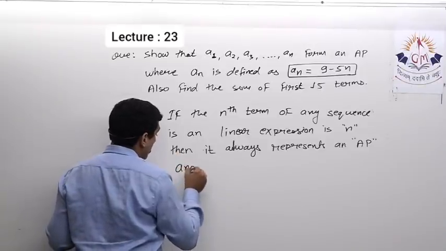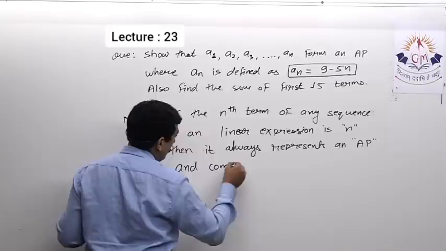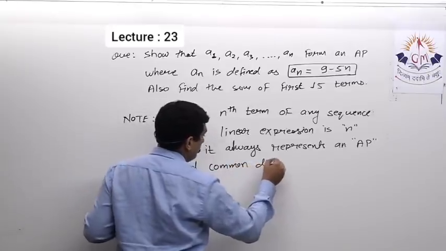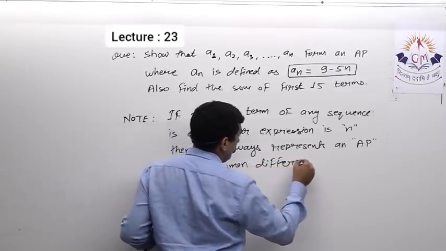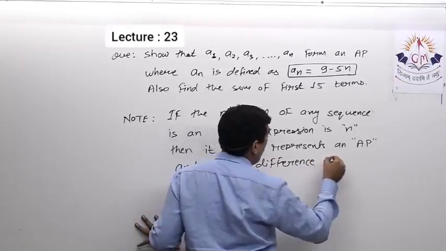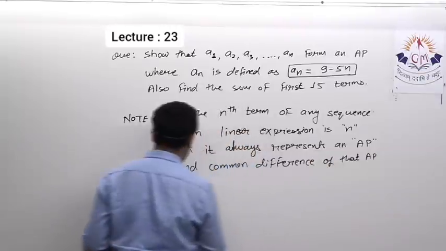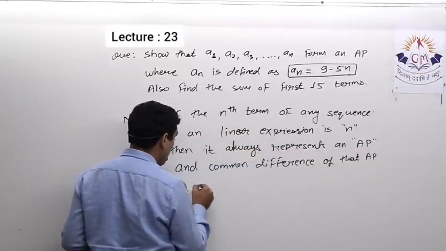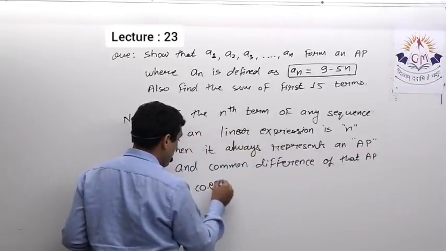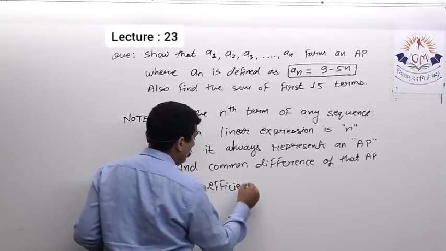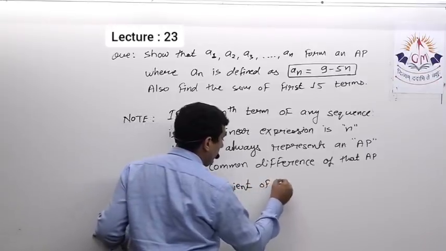And the common difference of that AP is the coefficient of n.